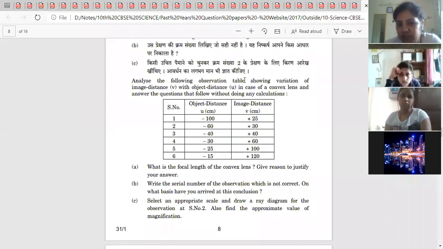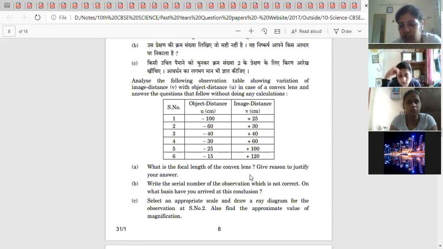Analyze the following observation table showing variations of image distance with object distance in case of a convex lens, and answer the questions that follow without doing any calculation. We are not supposed to do any calculation. Read all the questions first and then start answering.